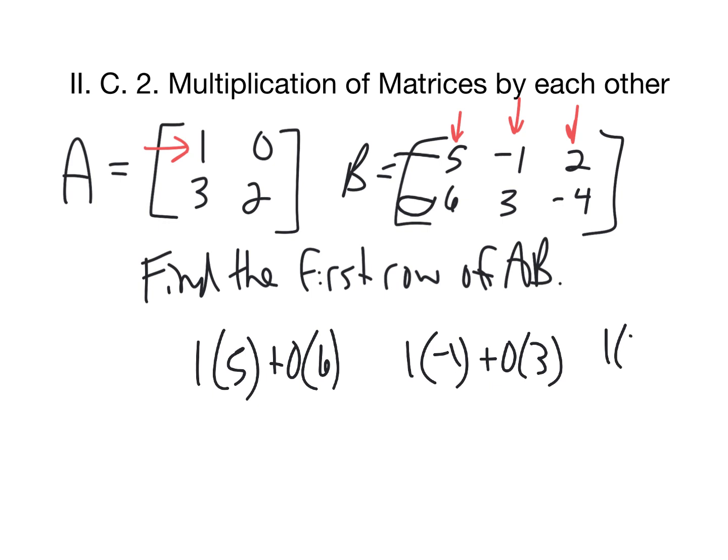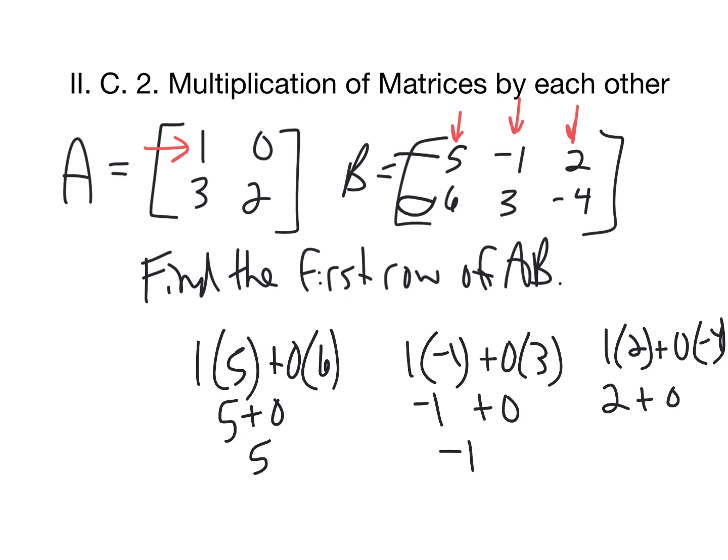And then we're doing 1 times 2 plus 0 times -4. So that'd be 5 plus 0, -1 plus 0, 2 plus 0. The 0 is kind of nice to have there. So this is 5, -1, 2. And that would be our first row when we would multiply those together.